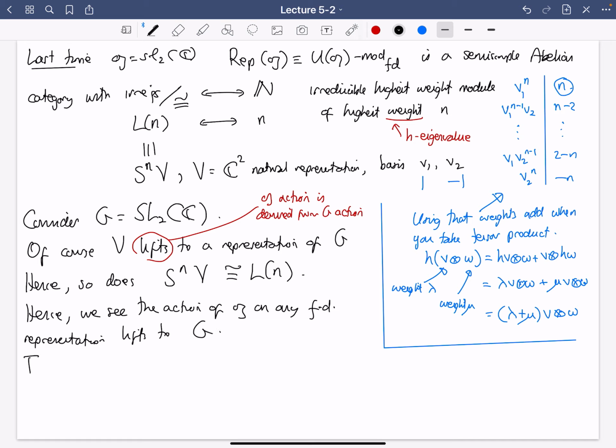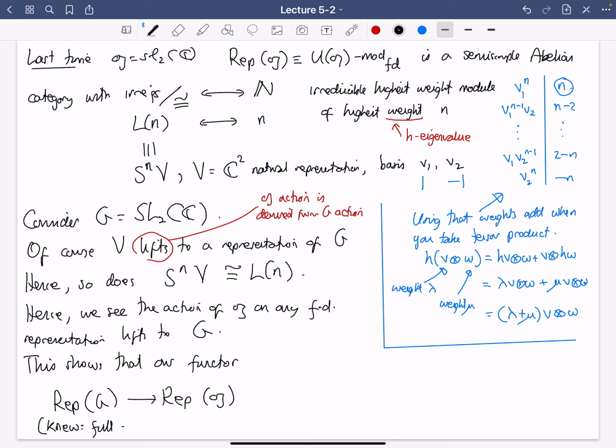So this shows that our functor from representations of the group to representations of the Lie algebra, which we constructed in chapter 0, this functor, which we already knew is full and faithful. That was a question on the homework from last week.